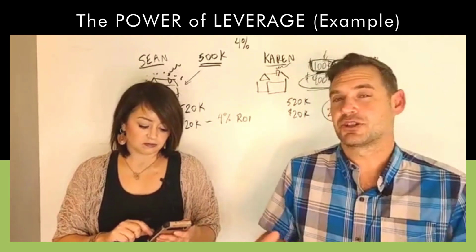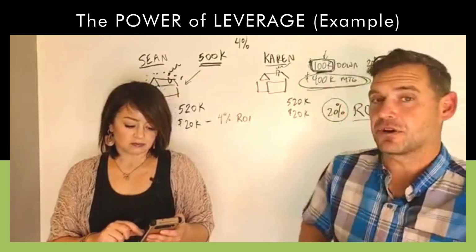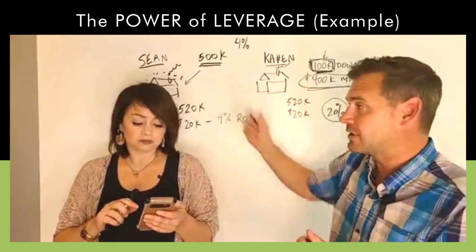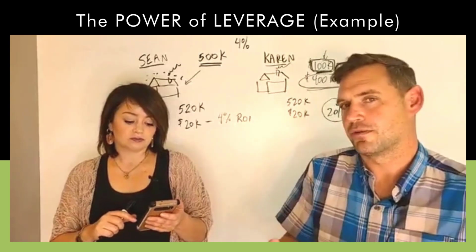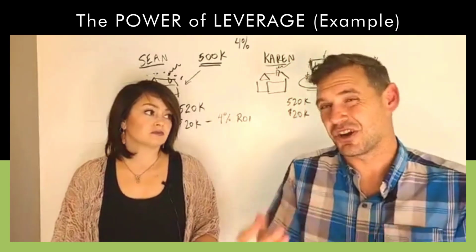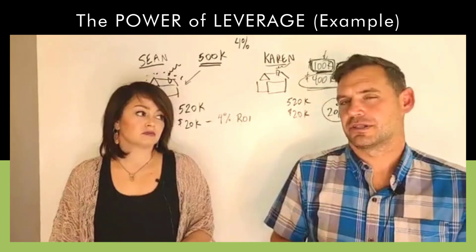That's why real estate is so powerful, compared to any other stock or any other investment. So let's say I had $500,000, same thing, and I invested in a stock. I invested in a mutual fund. Any of those types of things. And let's say the stock goes up 10%. I make $50,000 in that case.